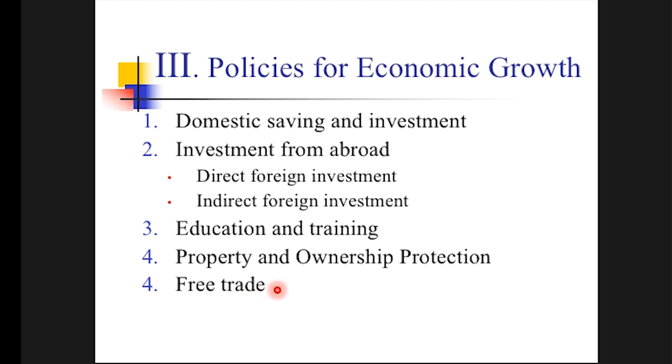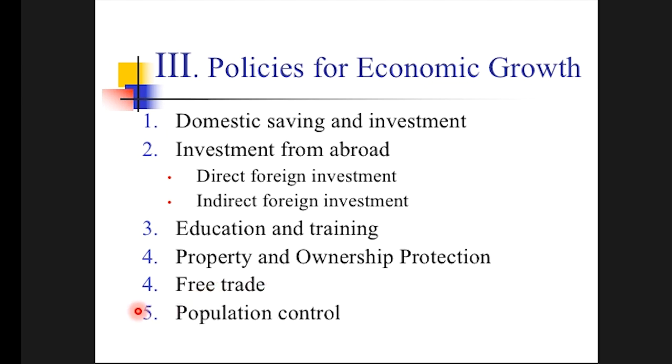As you know, Japan is poor in natural resources. But with free trade, they may import raw materials from other countries and use them to produce goods and services with high added value. So it helped Japan increase added value and then increase GDP.